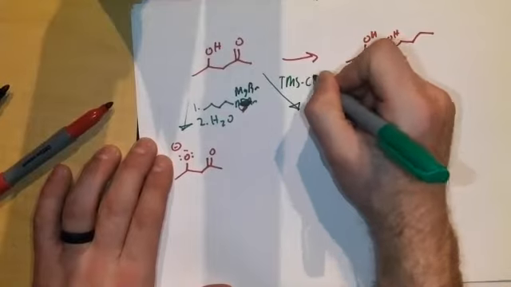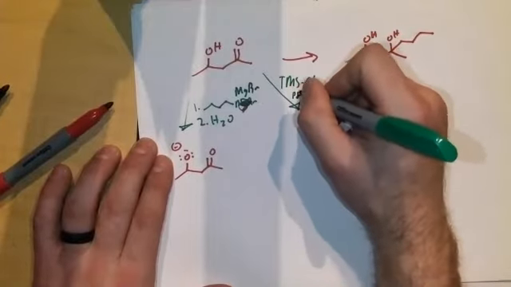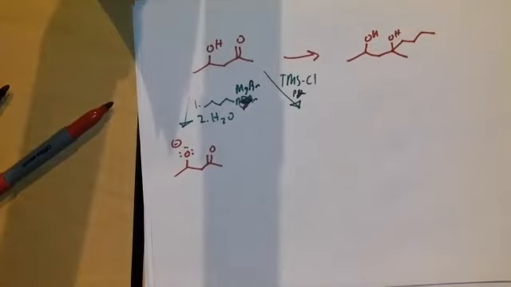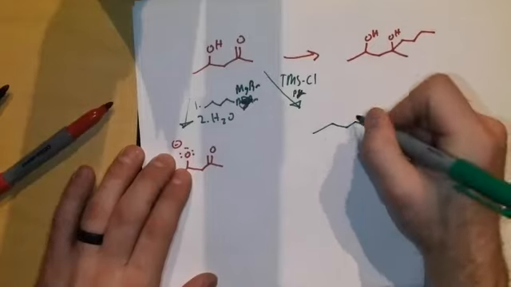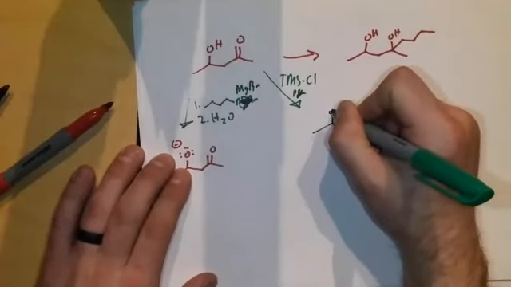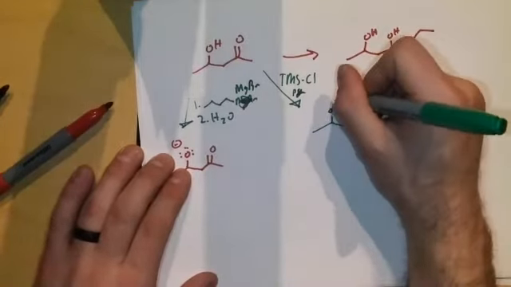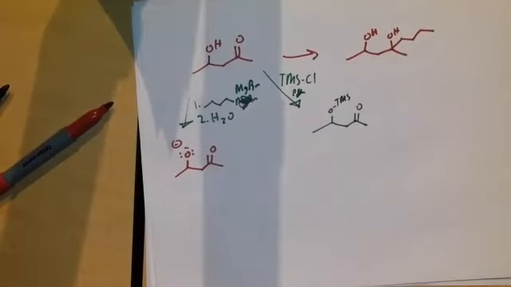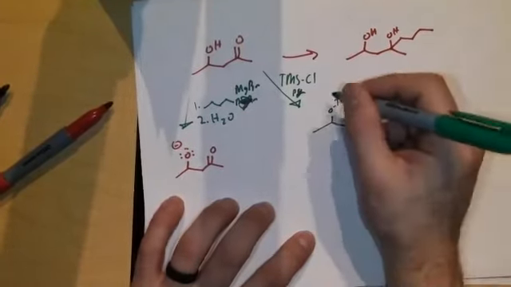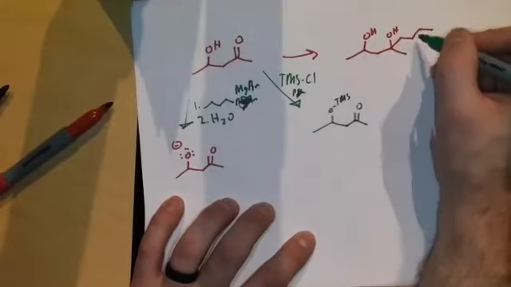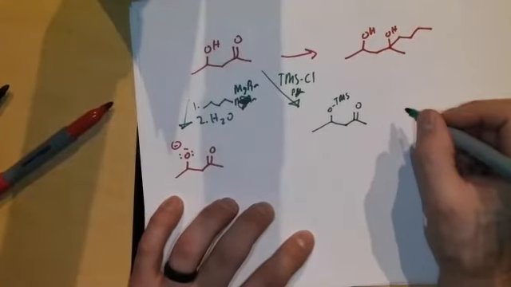and I believe pyridine, we are going to be able to make an O-TMS group here. From this point, this alcohol is essentially out of the equation. So we can throw in the 1, 2, 3, 4 carbon Grignard.